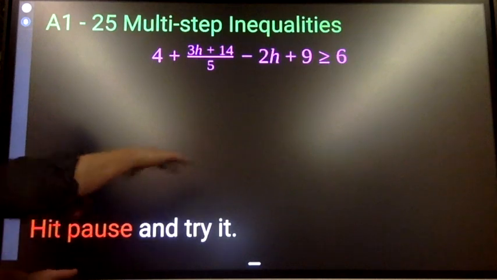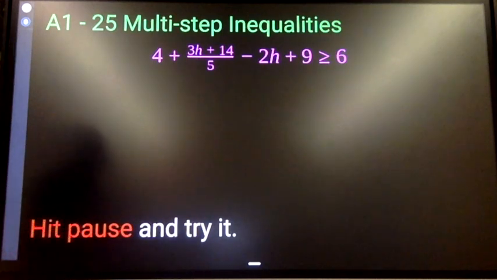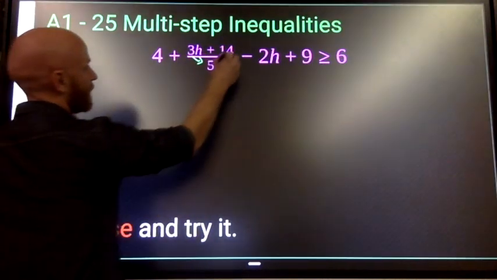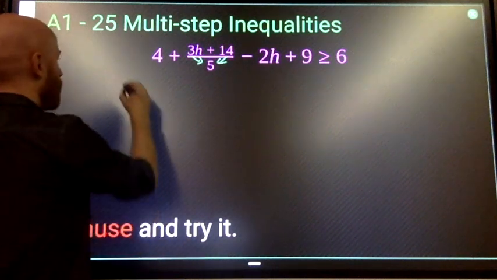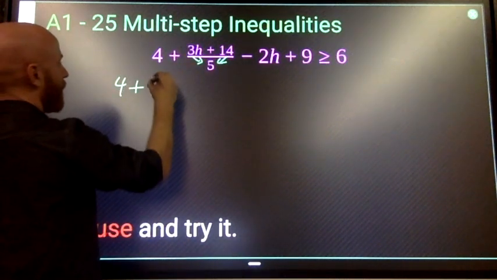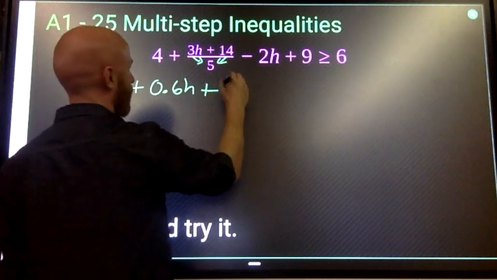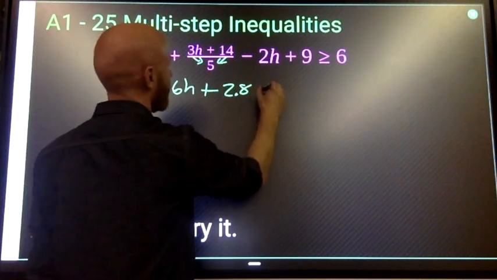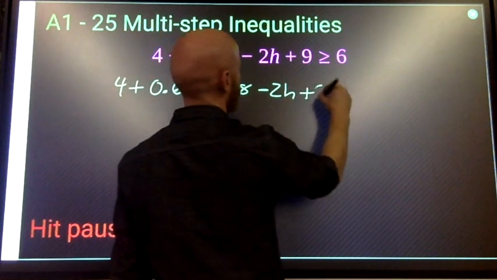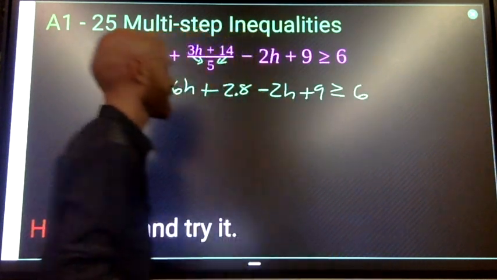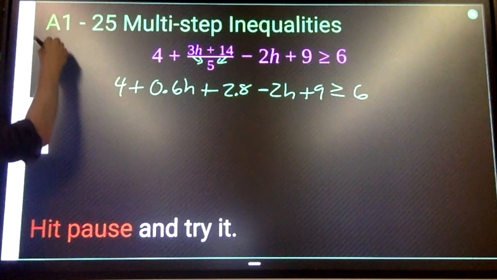All right, I'm not going to do the times 5 thing. I'm going to do the divide decimal thing. So 4 plus 3 divided by 5 is 0.6 H's plus 14 divided by 5 is 2.8 minus 2 H's plus 9 is greater than or equal to 6. That's distributing.